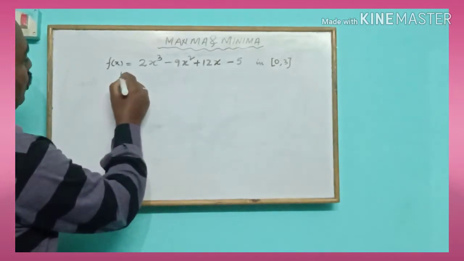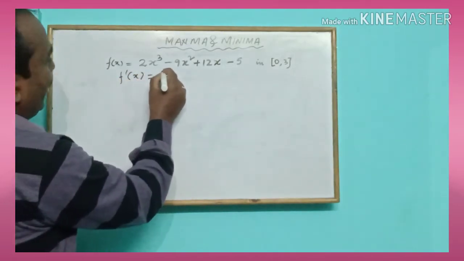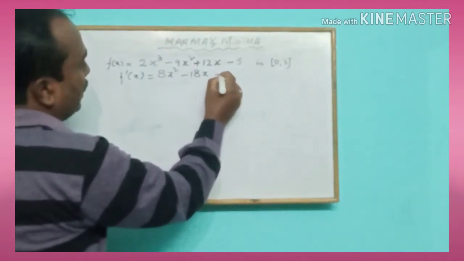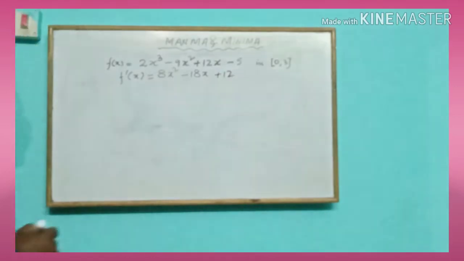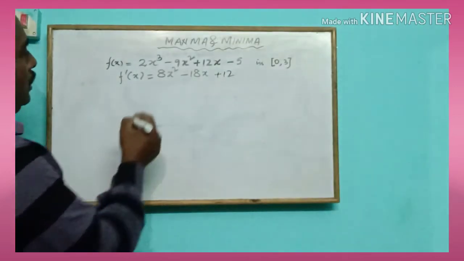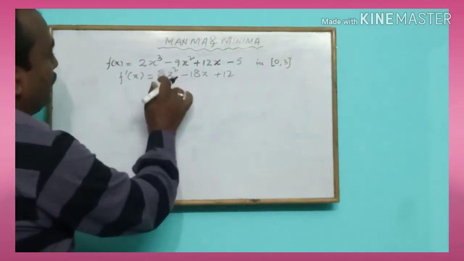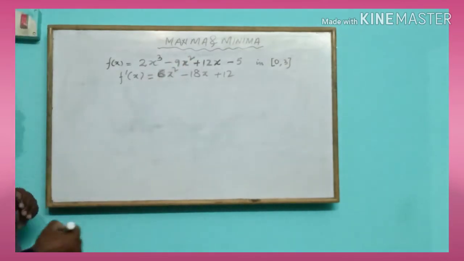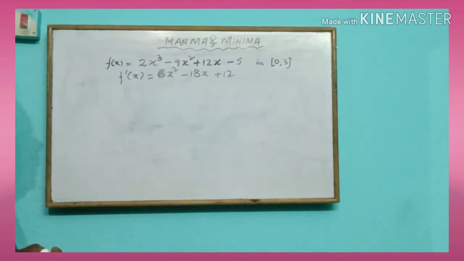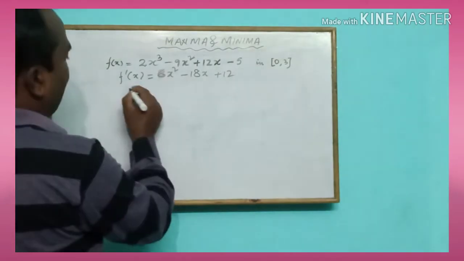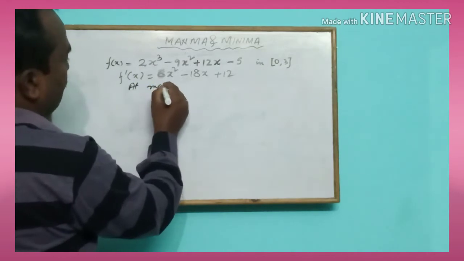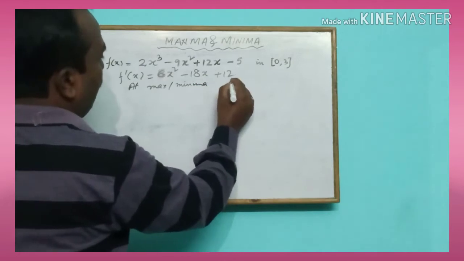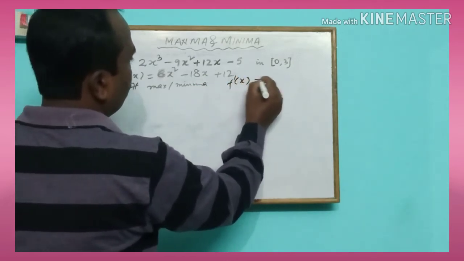Okay, let us find f'(x), that is 8x square minus 18x plus 12. Sorry, it is not 8, it is 6. 6x square minus 18x plus 12. Now at maxima, minima, f'(x) is 0.